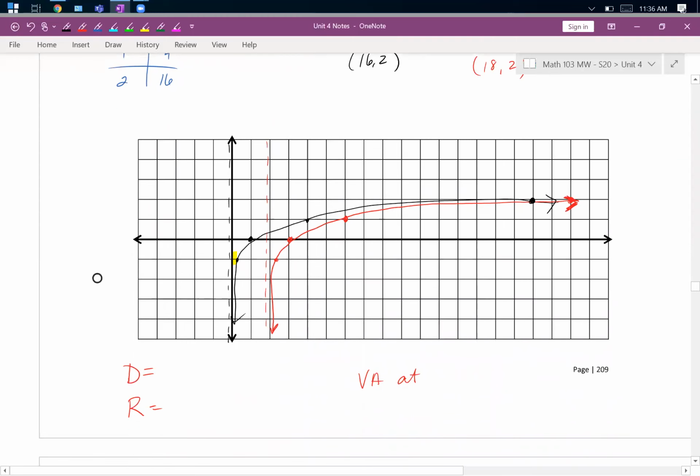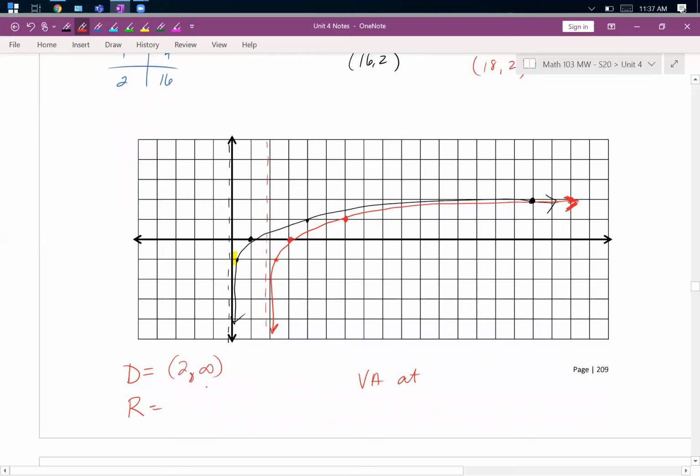We want to identify the domain, the range, and the vertical asymptote of our final graph there in red. What is the domain? Two to positive infinity, not including 2. And then the range?